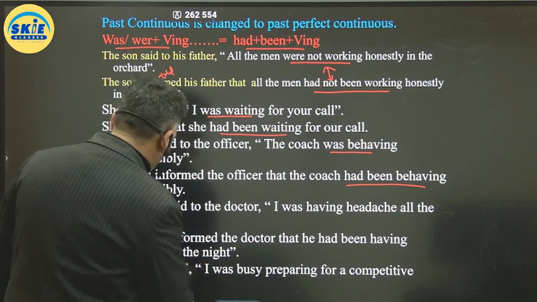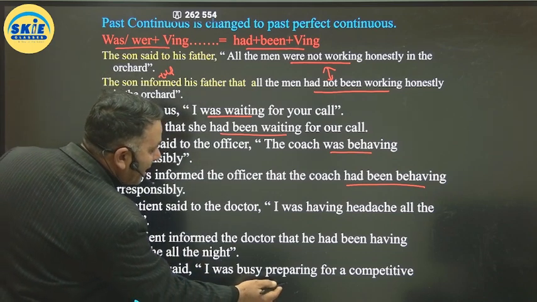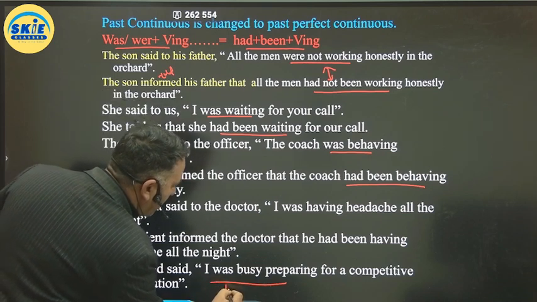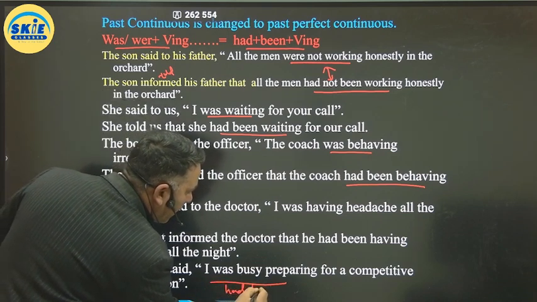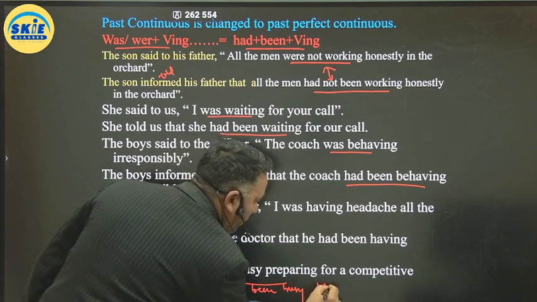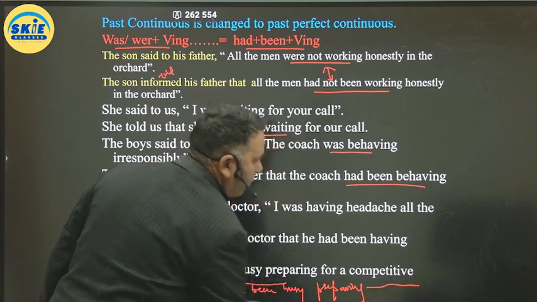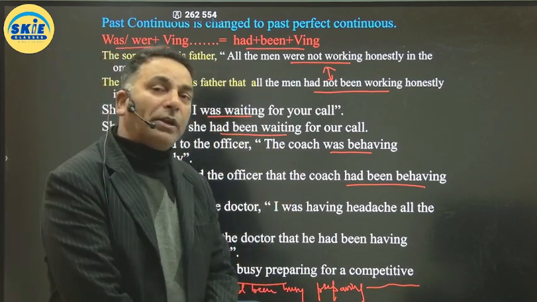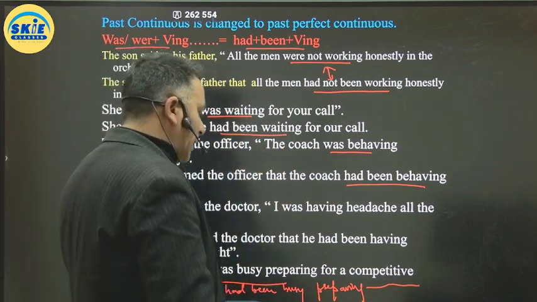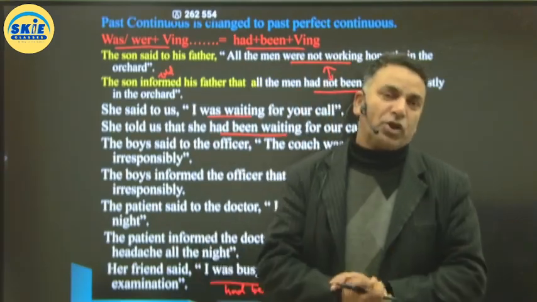So you can say her friend told her that he had been busy preparing for a competitive examination.